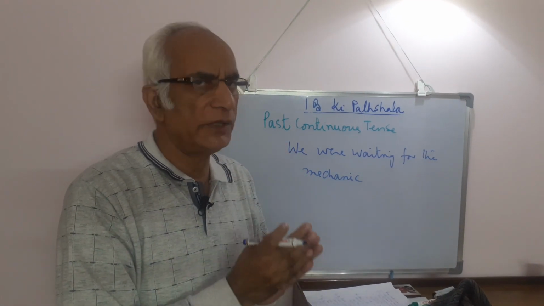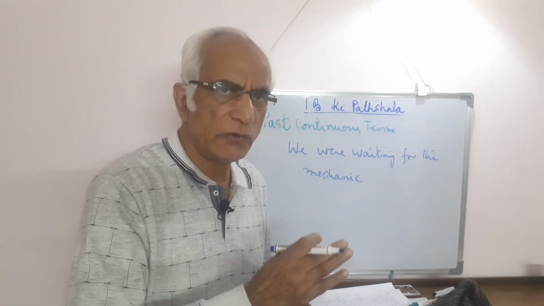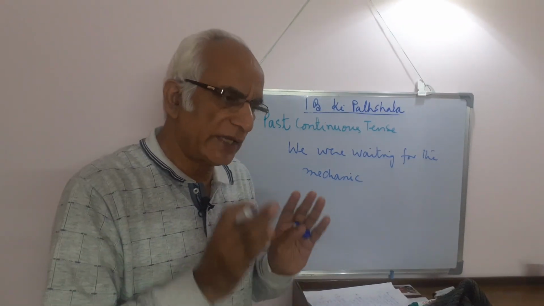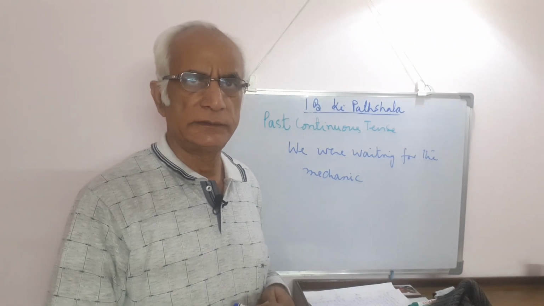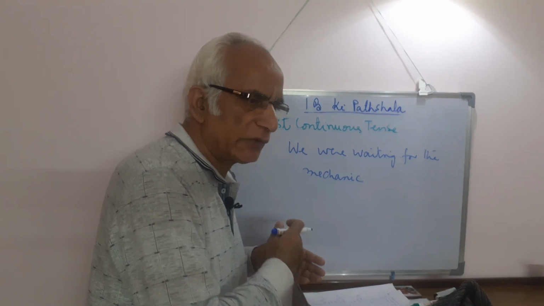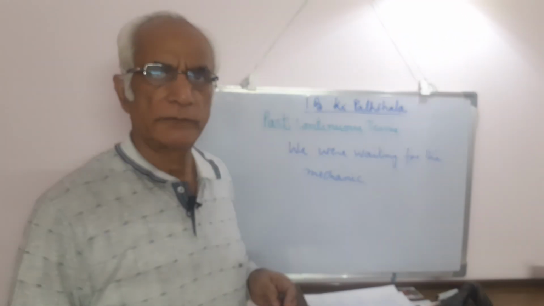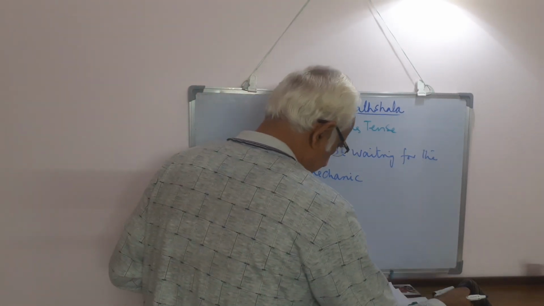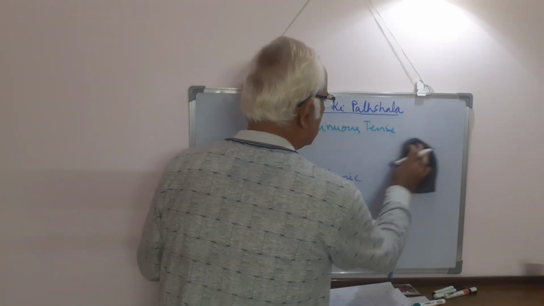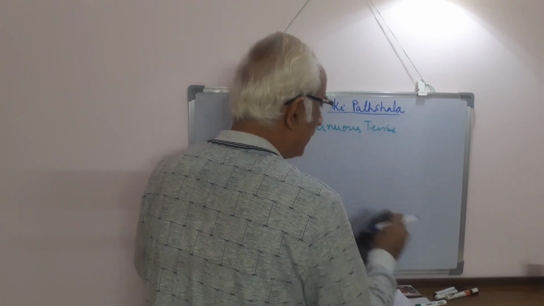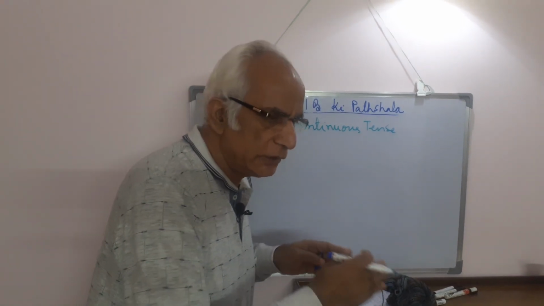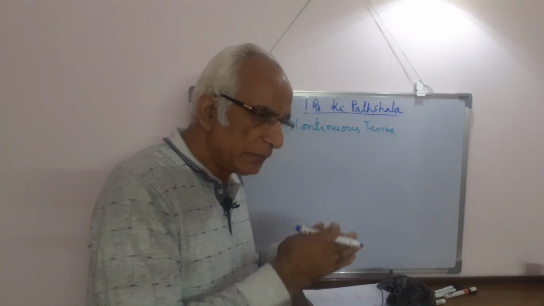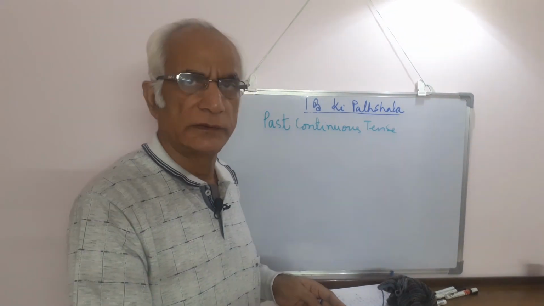When were we waiting? We are not mentioning it. How long we were waiting? We are not mentioning it. We are just saying we were waiting for the mechanic. So the activity was happening for some time. So that is the first situation. When an action or activity happened in the past and continued for some time, and possibly it was not even over.